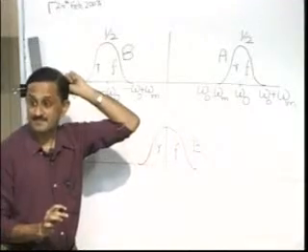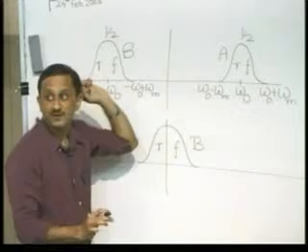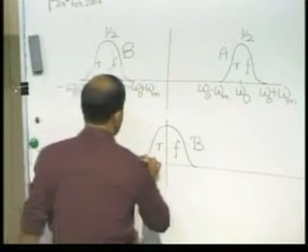So we get B, and of course front rear is correct. And what happens to A? When you shift forward, it goes to 2 omega naught. Now what happens when you shift backwards? This one comes to 0, and this one goes to minus 2 omega naught.